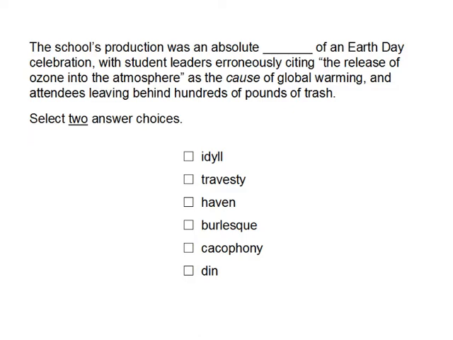So, a great fill-in word here would be something like an absolute mockery, an absolute joke of an Earth Day celebration. And the best matches we have for mockery or joke are travesty and burlesque. Now, cacophony and din are a couple of paired words here, and they both mean sort of a chaotic noise, profusion. There's nothing chaotic here.